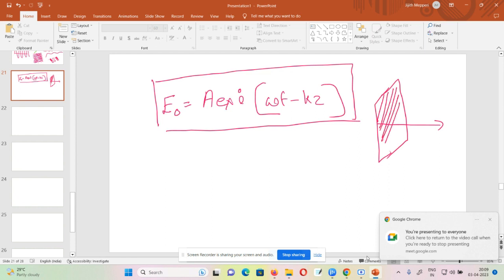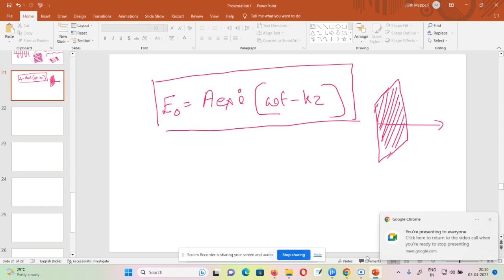What kind of wave is this one? If all your electric field values are the same on a plane which is perpendicular to the propagation, what kind of wave is this? Sinusoidal is actually the phase changes. This exponential i(omega t minus kz) we can make sinusoidal.